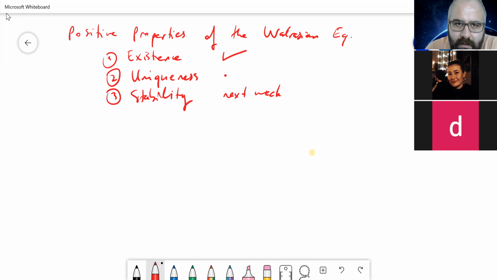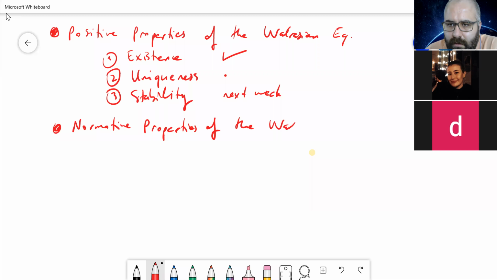Okay, then we're going to have normative properties of the Walrasian equilibrium. We're going to visit the first fundamental theorem of welfare economics and the second fundamental theorem of welfare economics.